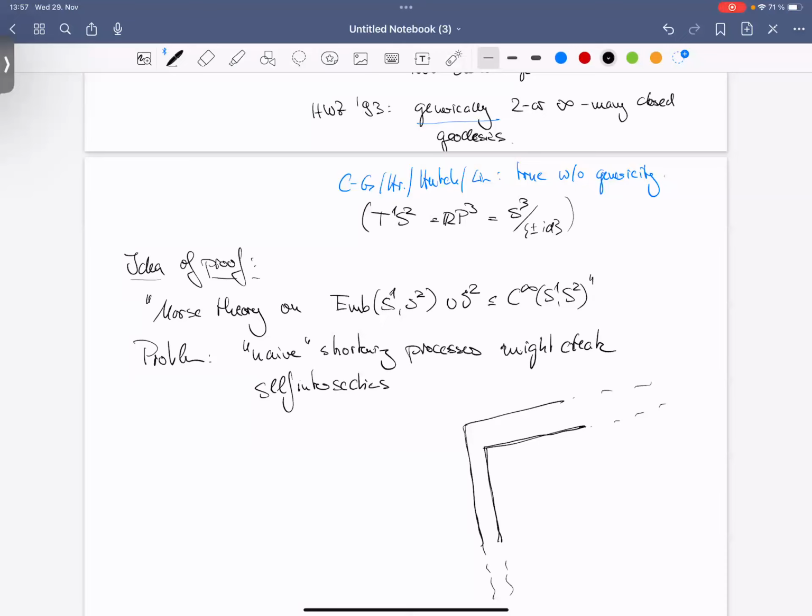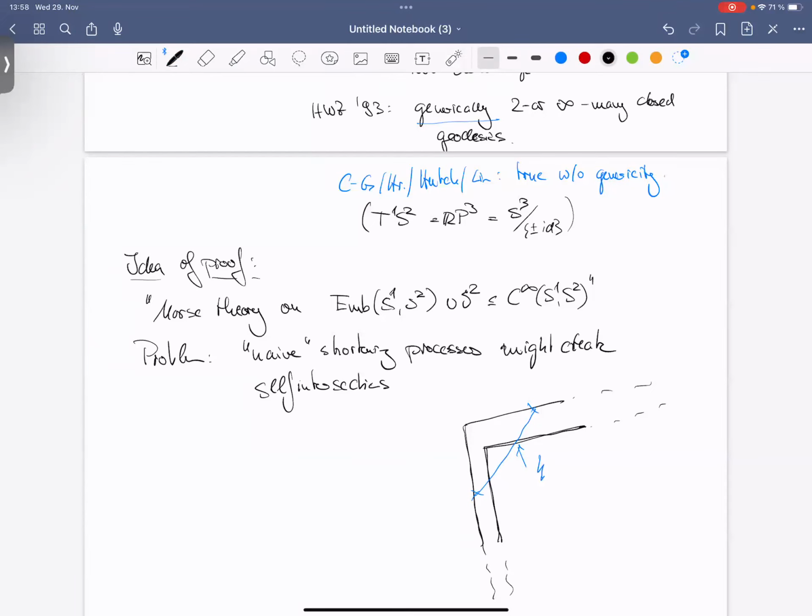Now, if you start applying Birkhoff very naively, you would take the midpoint of this point and this point and just draw the geodesic between them. Then you see that you get a self-intersection. So such a process, the textbook version of looking for closed geodesics, will not work.